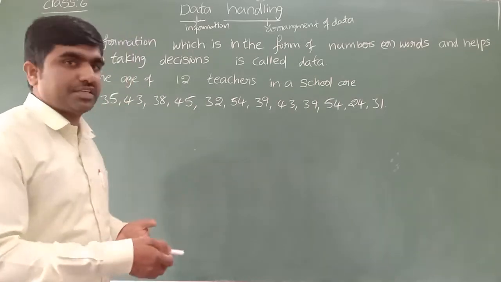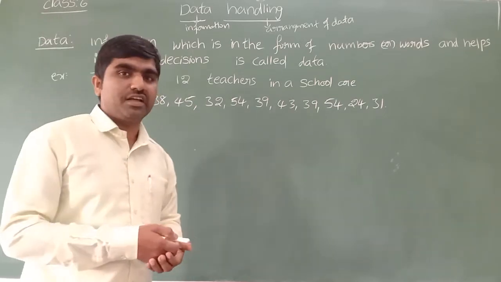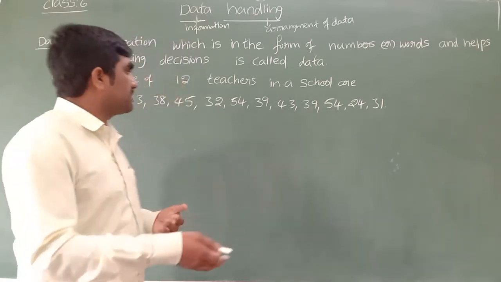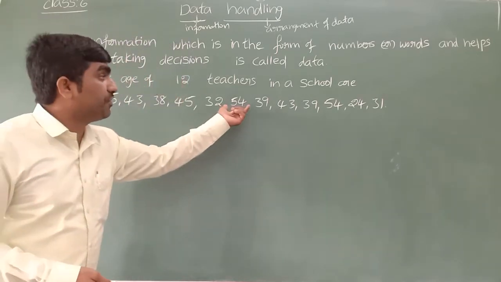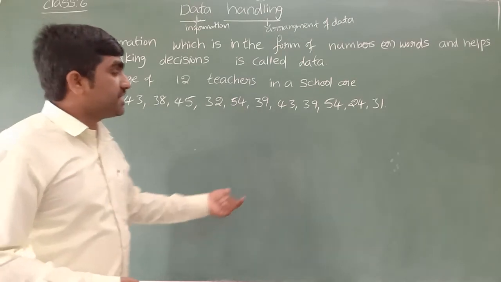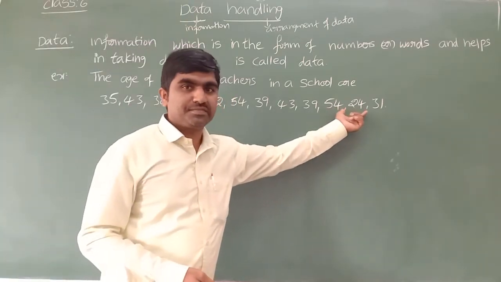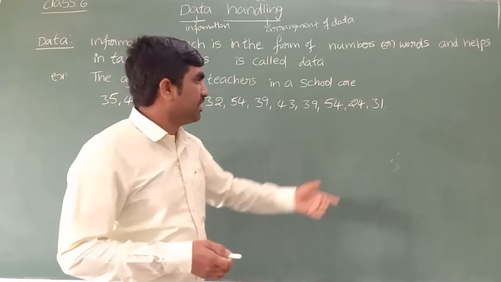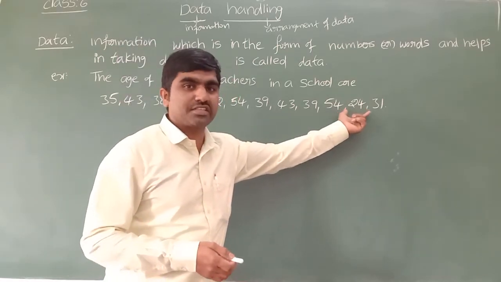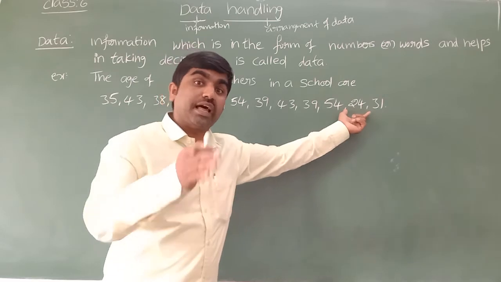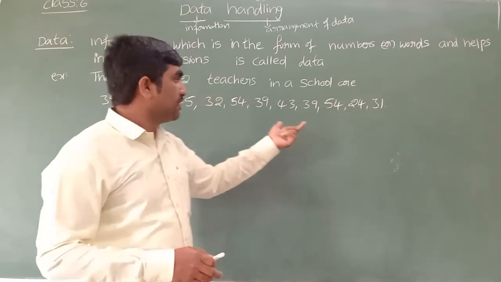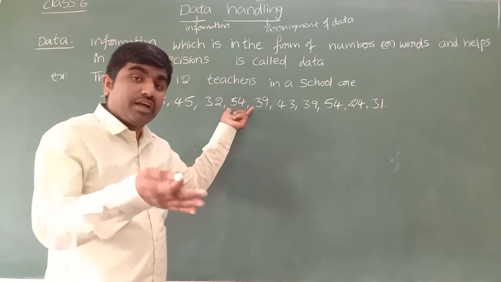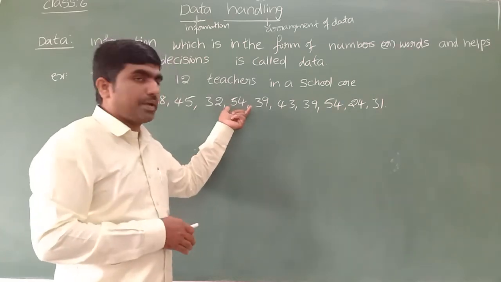Based on this age, the principal will allot work for teachers. Suppose one teacher is 54 years and one teacher is 24 years. Based on their age, the principal will take the decision. Which type of work can we allot to the 24-year-old youngsters? And which type of work can we allot to the 54-year-old elder people?